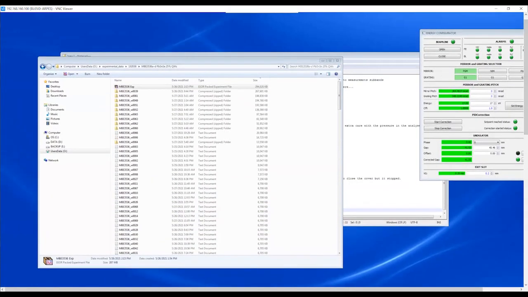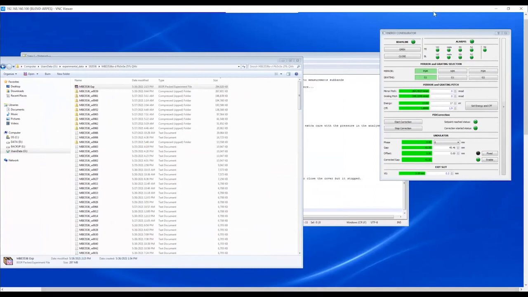And you can also see here the energy configurator in the Windows system.